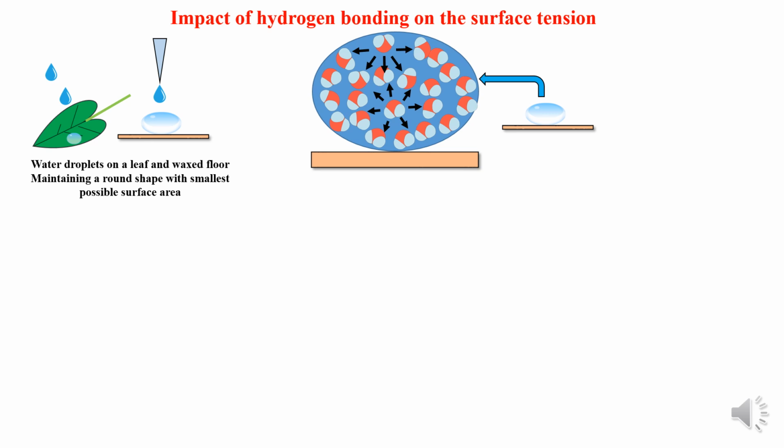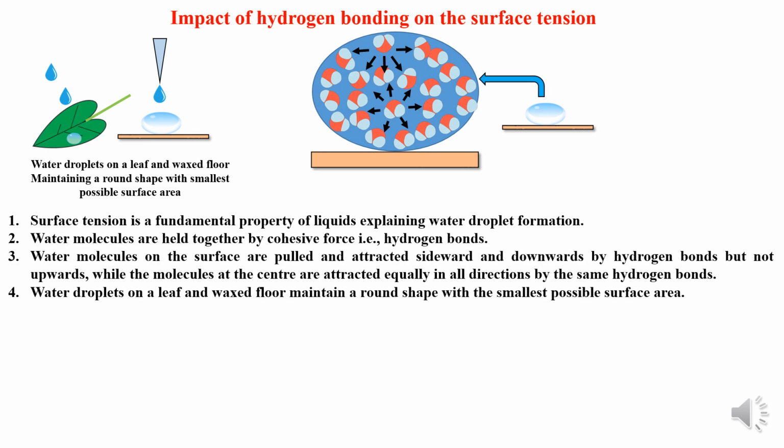While the water molecules at the center are equally attracted in all the directions. So water droplets on a leaf and waxed floor maintain a rounded shape with the smallest possible surface area because of the hydrogen bonds. Water molecules are held together by a strong cohesive force, that is hydrogen bonds.